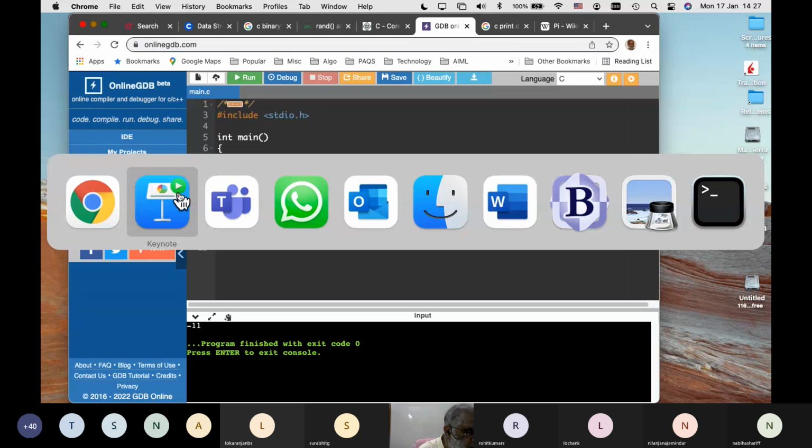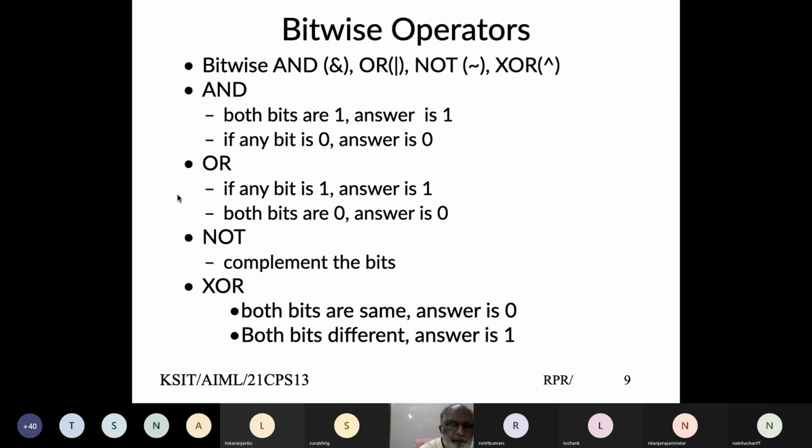So let's look at 8. Positive 8 in binary, integer is 32 bits, so it will be 0, 0, 0, 0, 0, 0, 0, 0, 0, 0, 0, 0, 1, 0, 0, 0.